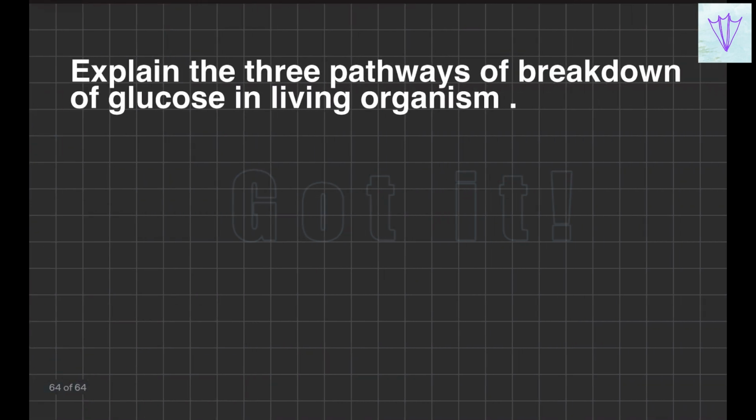Next question. Explain the 3 pathways of the breakdown of glucose in living organisms. You've already seen about these things properly in the previous questions as well. So according to the marks awarded, answer the question in your notes properly, and make sure the examiner will be able to understand what you're writing.